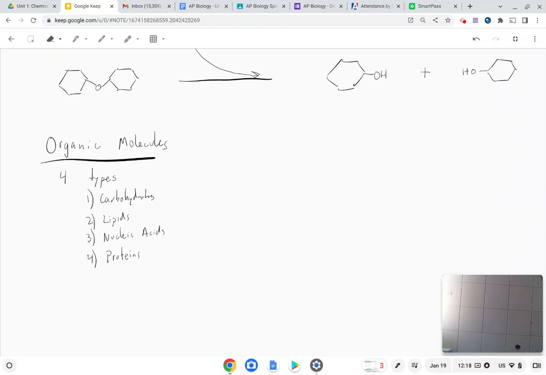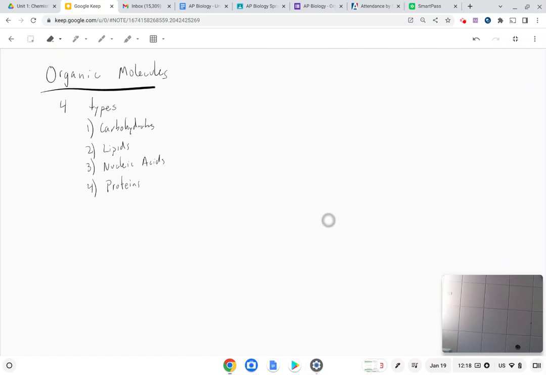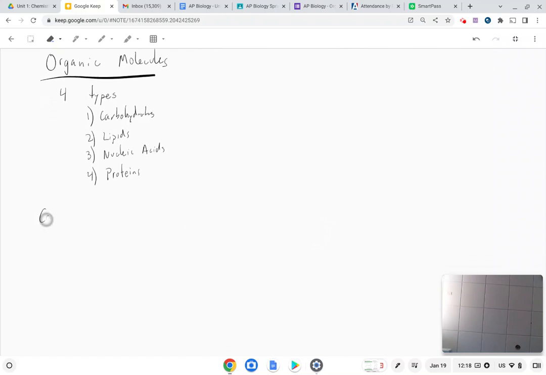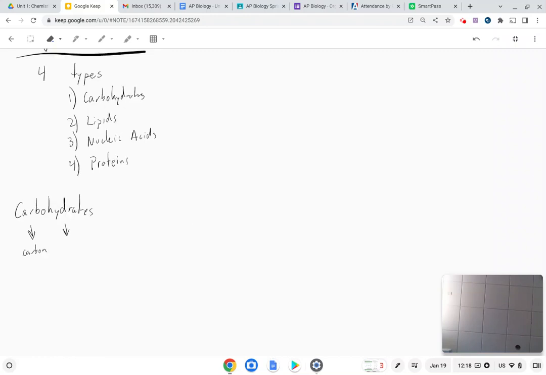Alrighty. So let's start with carbohydrates. That will be our first molecule. Now, I know I do this a lot, but I like to break apart the word. Carbon, hydra is water.